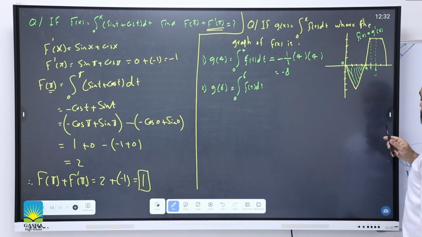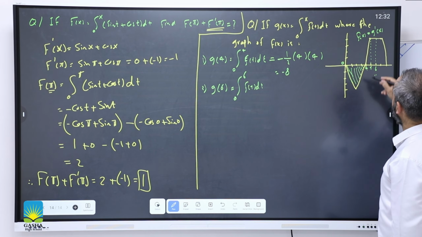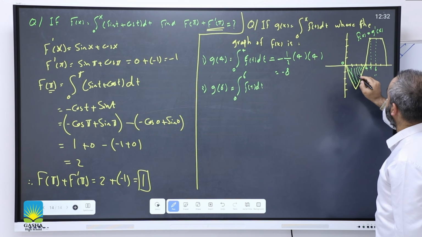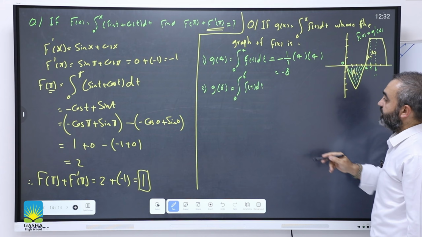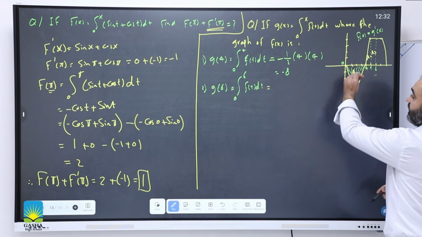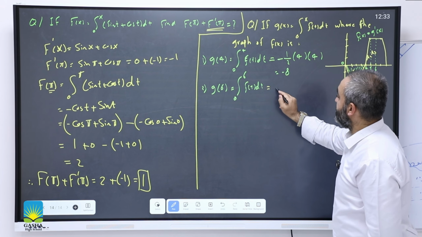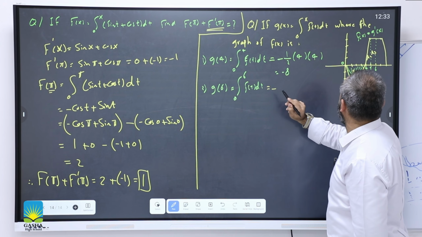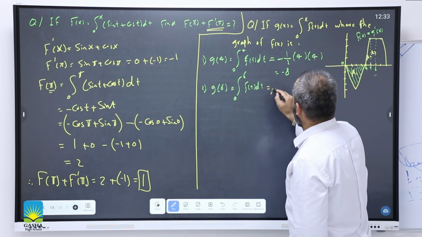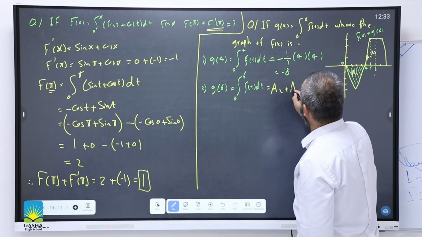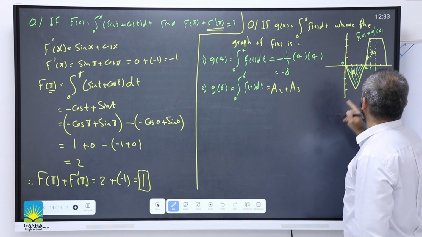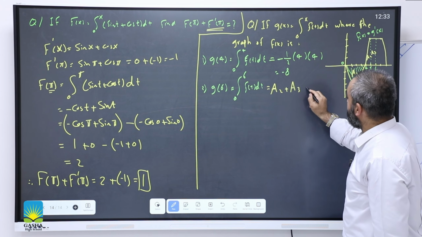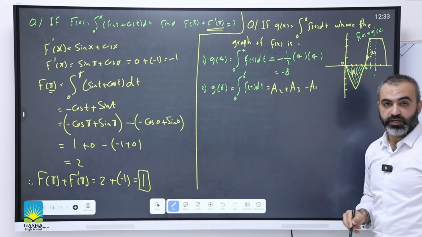So we have 3 parts of area. This is A1, this is A2, and this is A3. A1 is below, so it is negative. It's A2 plus A3, above the x-axis, minus A1, right?